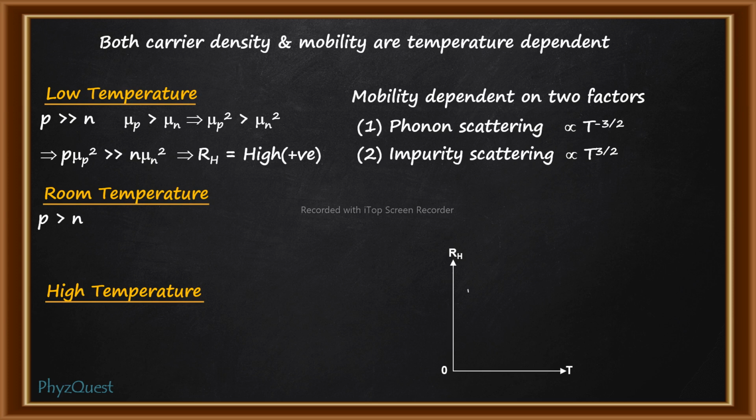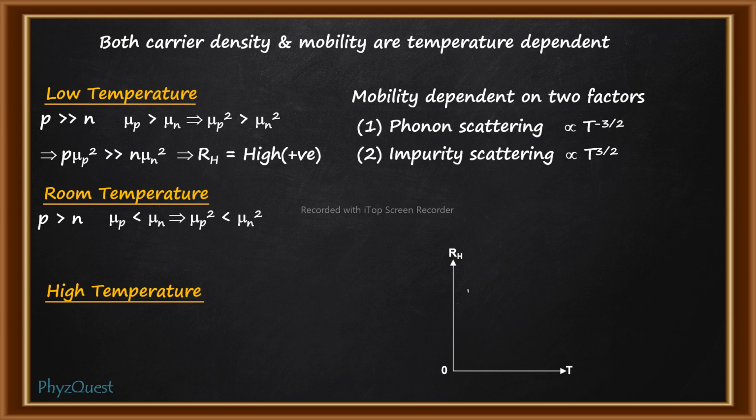Now at room temperature, as I said, mobility due to lattice contribution dominates. At this stage, in general the mobility of electrons is higher than holes. So therefore here mu n will be greater than mu p. Therefore mu p square will be less than mu n square.